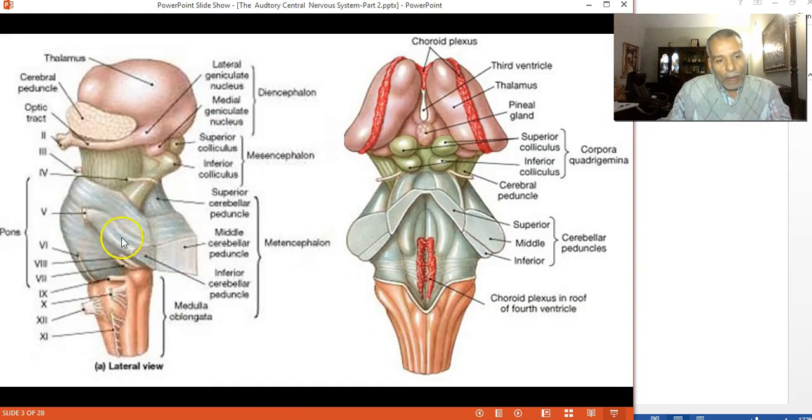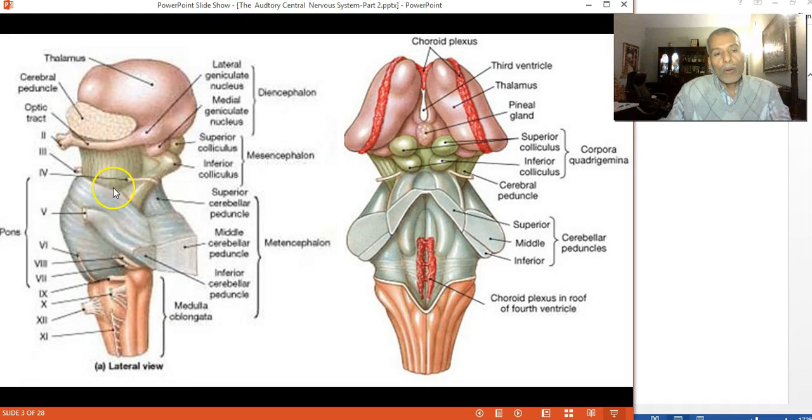The midbrain here, as I explained previously, consists of three areas. The medulla oblongata, that lower part, continues with the spinal cord below it. The pons is the second part that sits on top of the medulla.